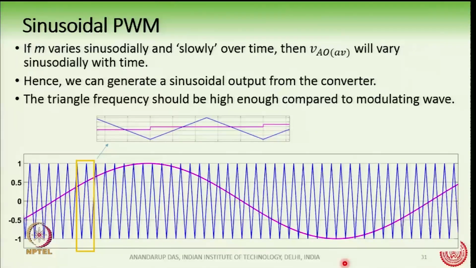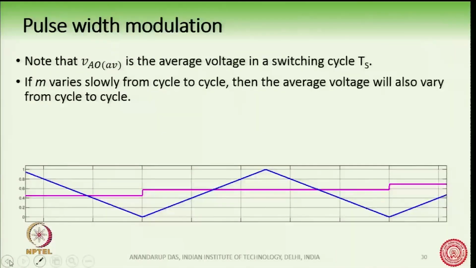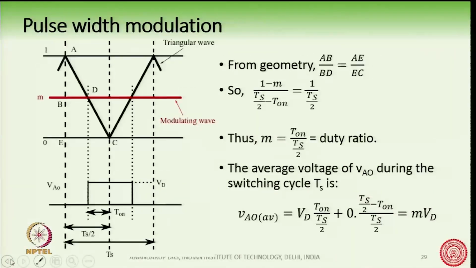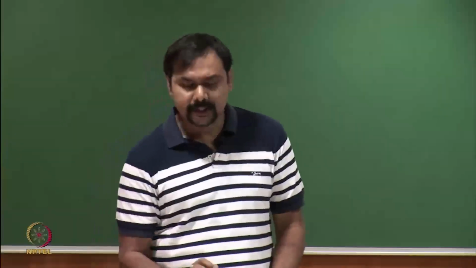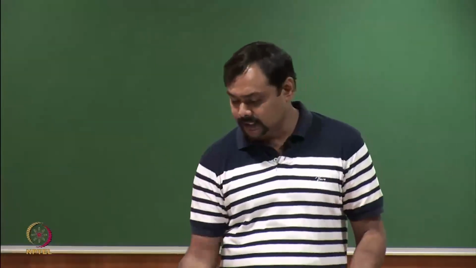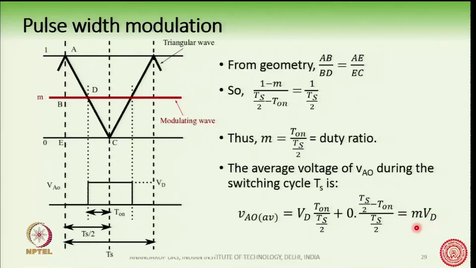Now, you may argue, what do you mean by VAO average varying? Sometimes, in order to differentiate, people have used the term instantaneous average voltage in this case. Instantaneous average voltage means over a time period Ts, the average voltage is m times Vd here.